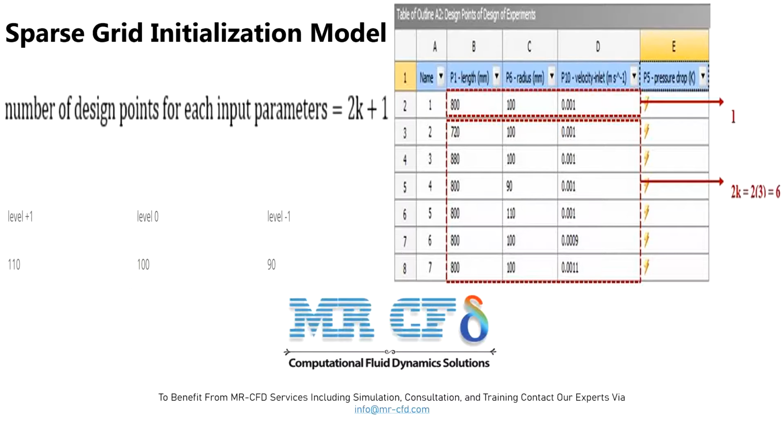This DOE model should be used when the goal is to create a sparse grid response surface. The sparse grid response surface is based on the accuracy of the model. In fact, this type of response surface, where the gradient of the desired output parameter is higher, can automatically correct the matrix of design points in order to increase the accuracy of the response surface.